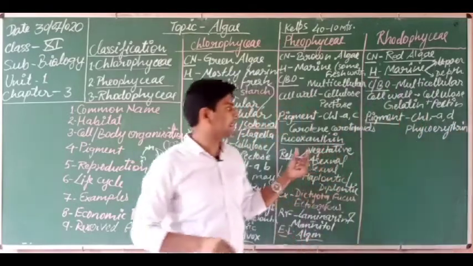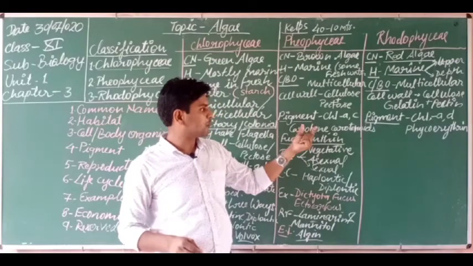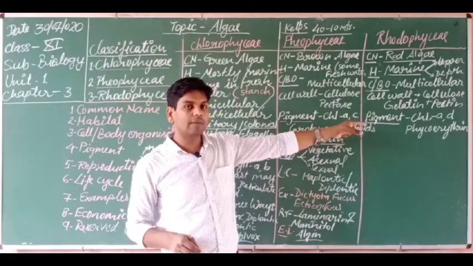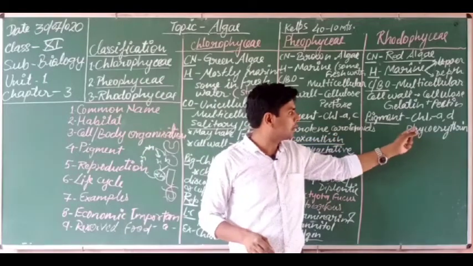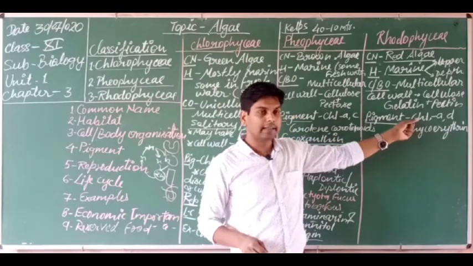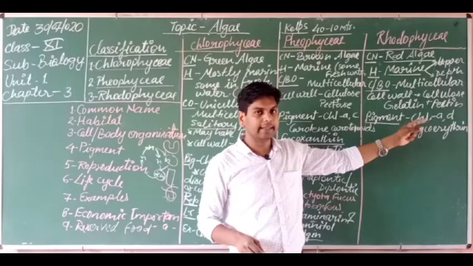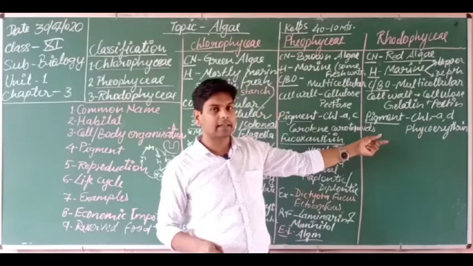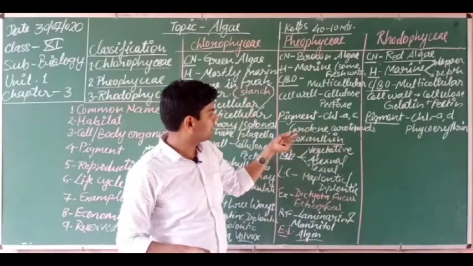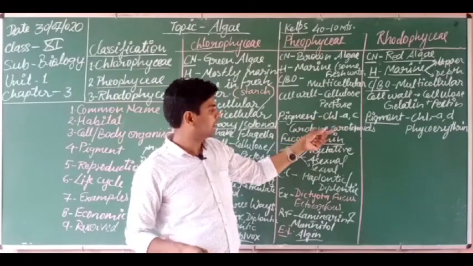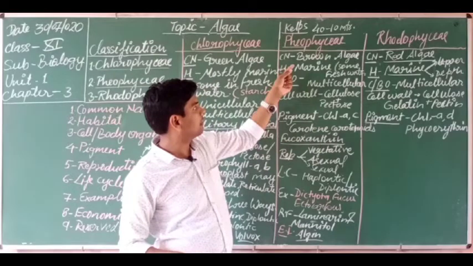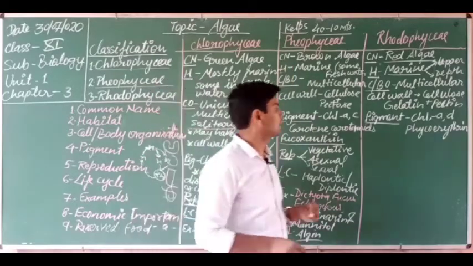Chlorophyll a is green in color, but the additional pigment is more in amount and masks chlorophyll a and d. That is why the color appears red. Here also, in brown algae, fucoxanthin masks chlorophyll a and c. That is why it appears brown.